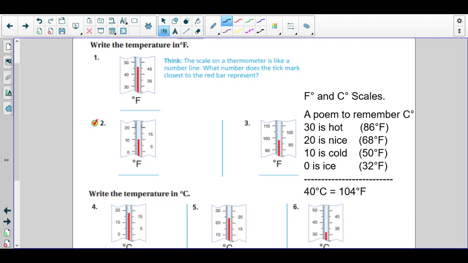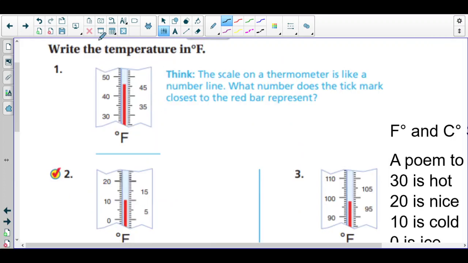All right. Back at it here. And we are going to use the liquid that is inside each of these to figure out what the temperature is. Let's really zoom in here. And it looks to me for this one, that goes right about there.